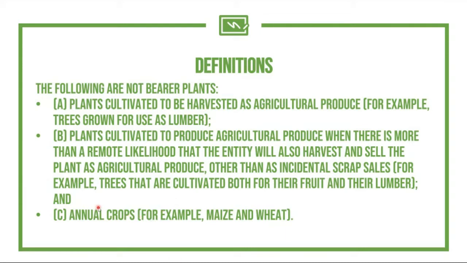So annual crops are not considered bearer plants because they will not satisfy letter B of the requirement for bearer plants, and of course letter C, because the reason you are planting that is for the harvest itself, or for the plant itself to be sold later on. Okay, let's proceed.